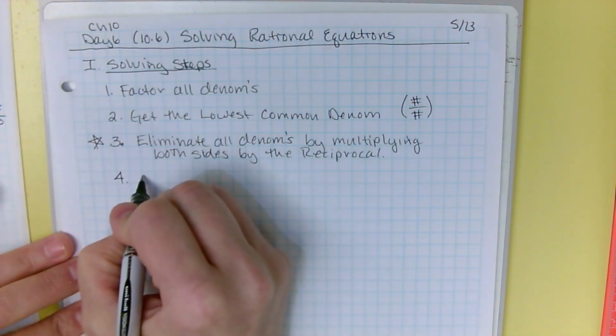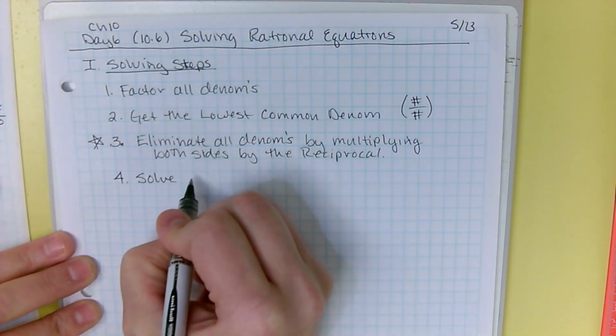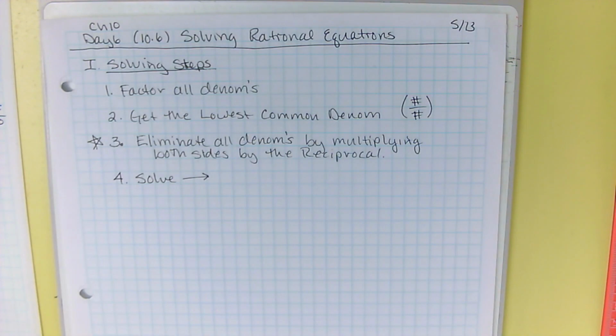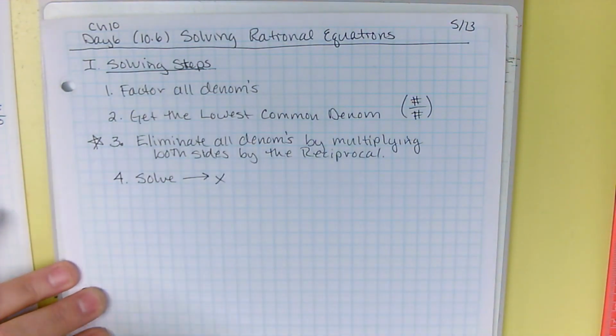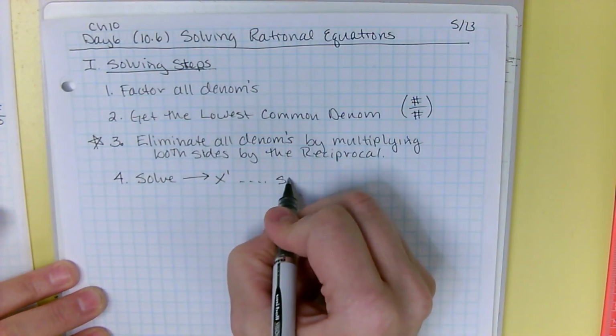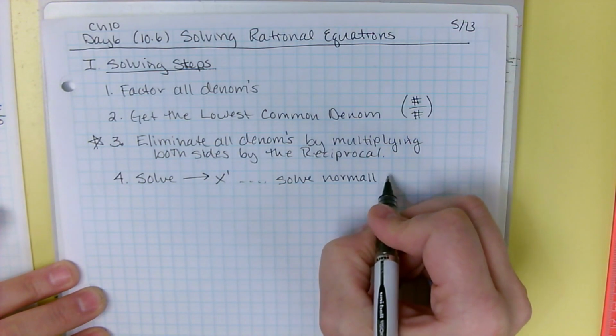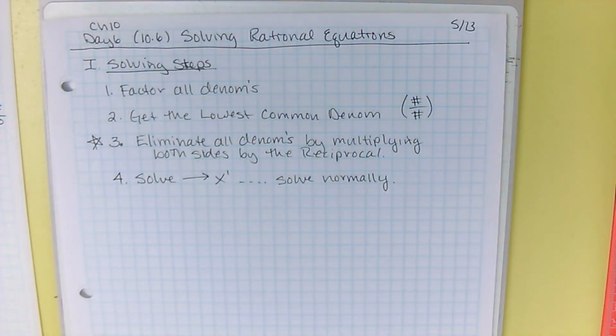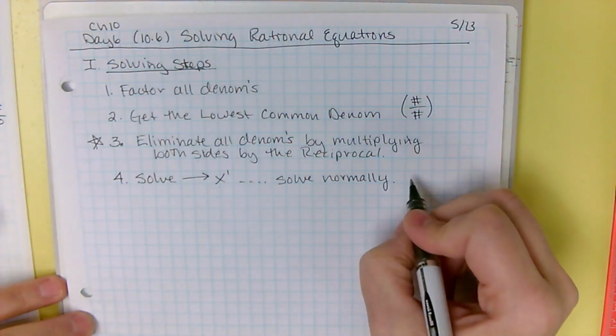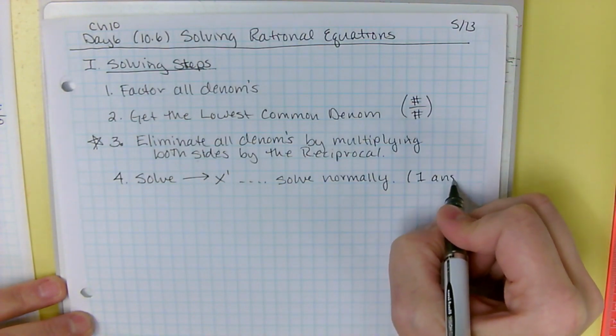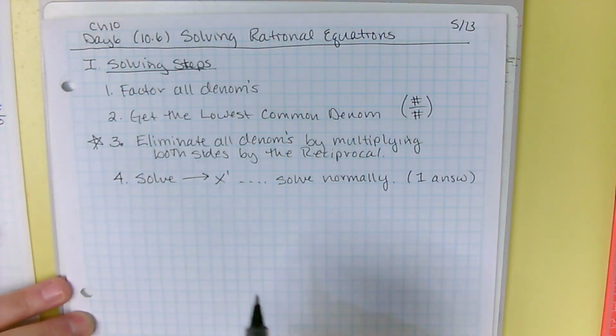So number 4 is your solve step. And there's actually 2 ways we're going to solve. If all you have are x to the power of 1, then you're going to just solve normally, add or subtract x's left, numbers right. And you will get one answer out of that.